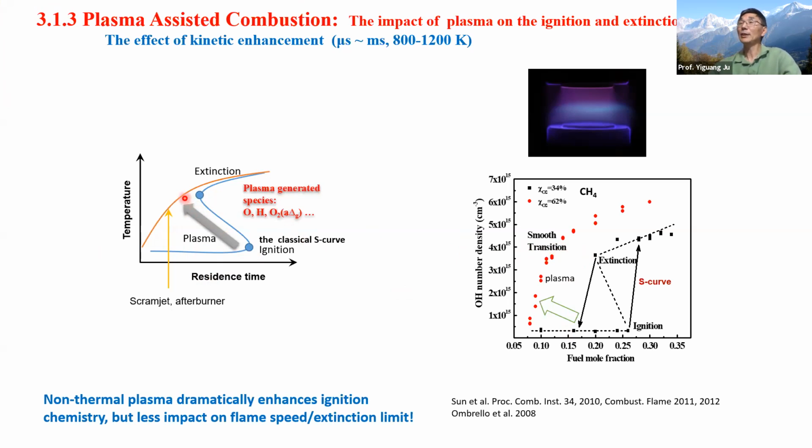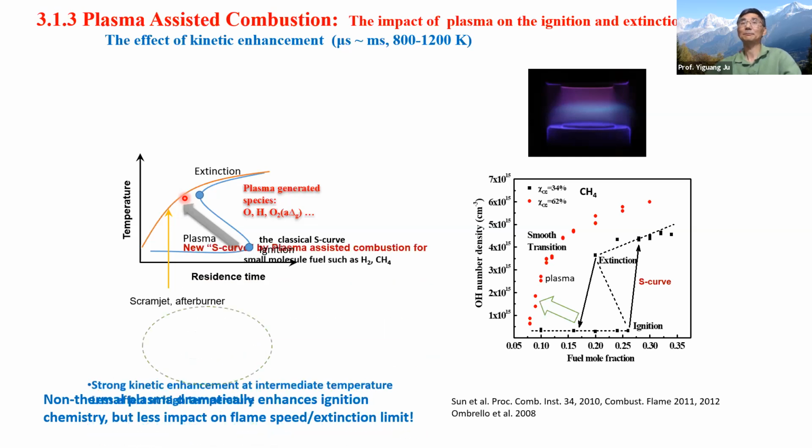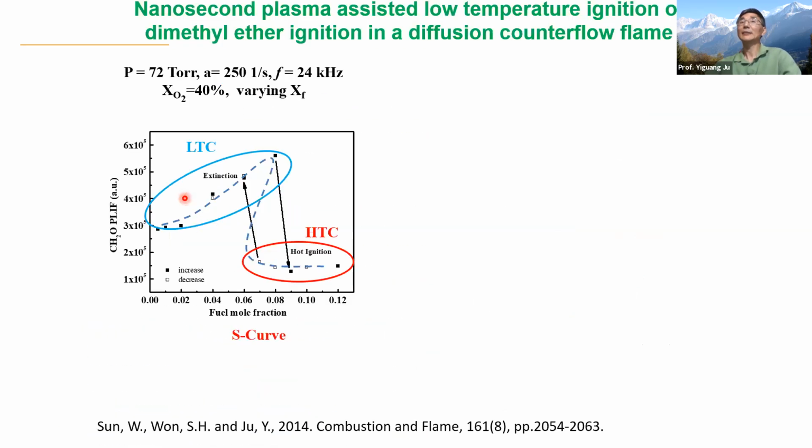And then the question is why? Can we do an experiment to understand whether this is just a thermal effect or a chemistry effect? In terms of a cool flame, for example, if we replace the fuel from methane with dimethyl ether, DME, we can see that at lower fuel concentration a lot of formaldehyde is formed.